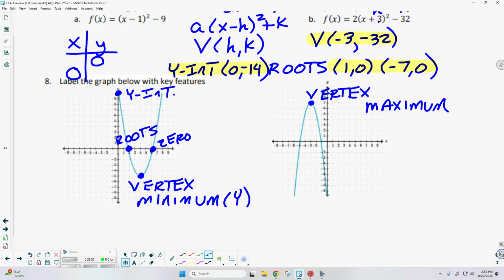And remember, whether you're talking about a maximum or a minimum, it's the y value of your vertex. So I can tell you that the maximum value for this function is 7. Because would everybody agree that the vertex is at (-3, 7)? Remember, it's the y value of the vertex. That's your maximum or your minimum.